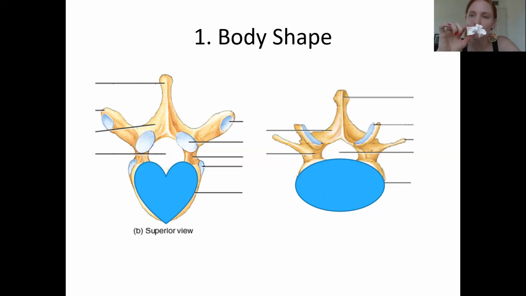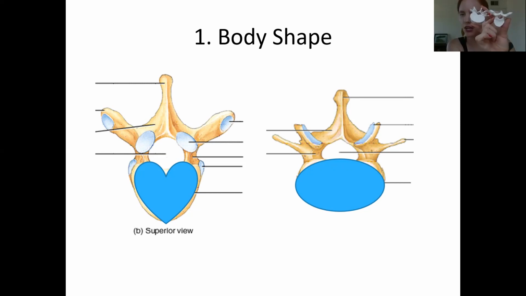So this lumbar vertebrae has to hold a lot of weight, a lot of compressed weight pushing down on it. And so it's going to require a much bigger, broader body. Okay, so it's more weight bearing than the thoracic one. Okay, and you'll notice as we go down, look at the size of the cervical, much smaller. Okay, so that's one thing to look at.